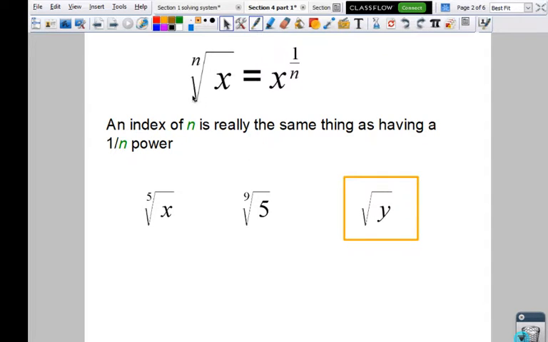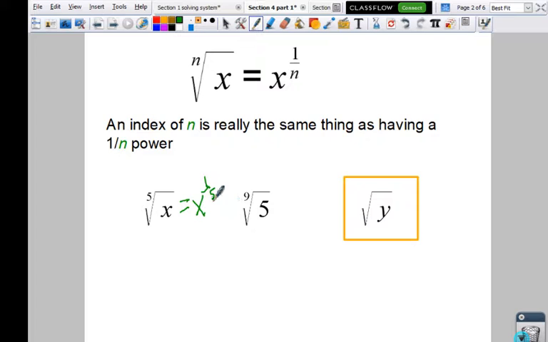If I have the nth root of x, where n is my index, that is the exact same thing as having x to the 1 over n power. In other words, I can convert from radical to exponent form just by making my radical into a fraction. The 5th root of x is really x to the 1 over 5. The index is going to be the same as my denominator.